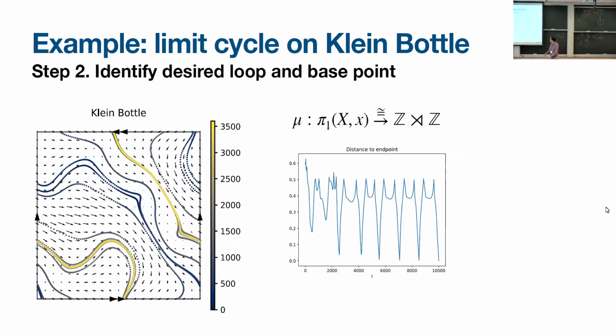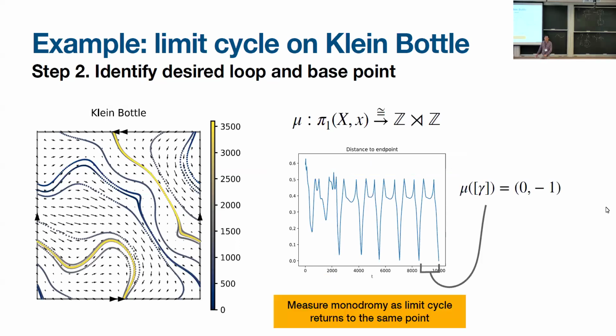So what we then do is, I pick a point on my limit cycle, and I measure the distance of each point along the path to that point. As I go around the limit cycle, I come back to the same point again, so I get these values. If the distance is 0, I come back to the same point, which means it completes a loop.